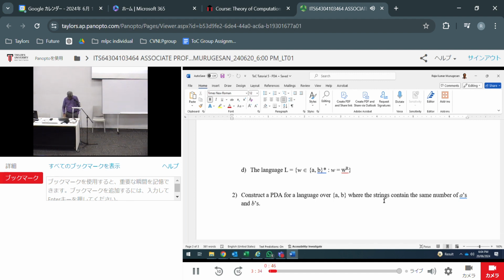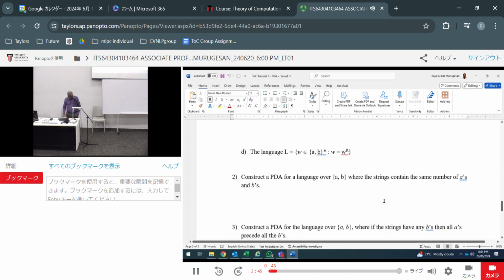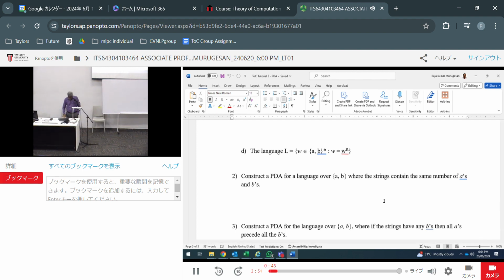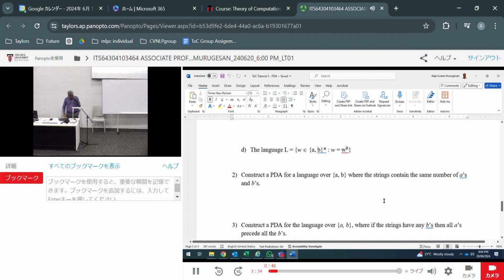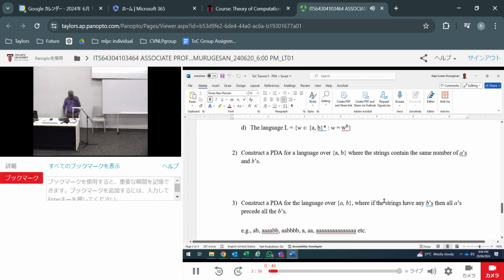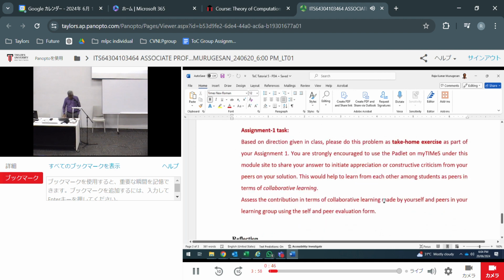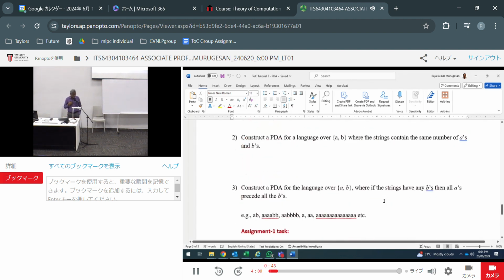Those who are under my tutorial batch, I have discussed question 2 as well. But I understand those who are under Yogeshwaran, you have not discussed question 2 and 3 yet. So I will do question 3, which is also an assignment 1 task, but I will do it in class today just to make your life easy.